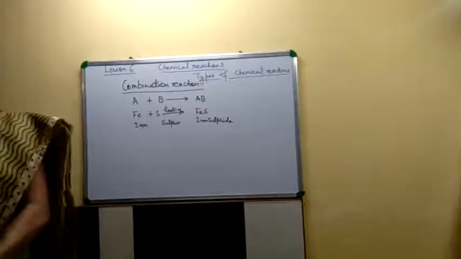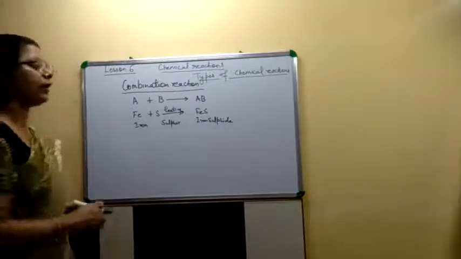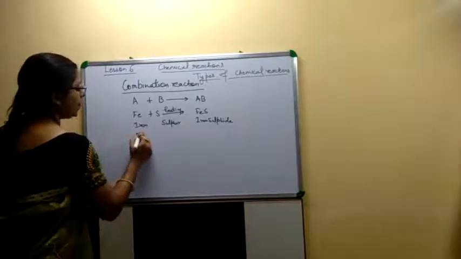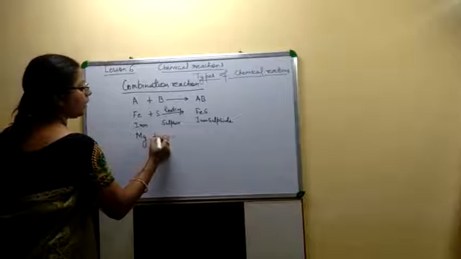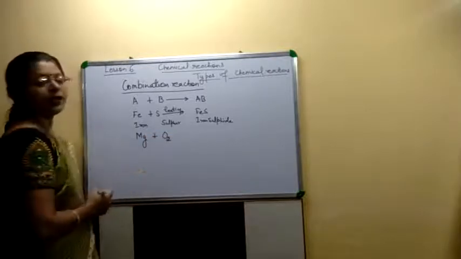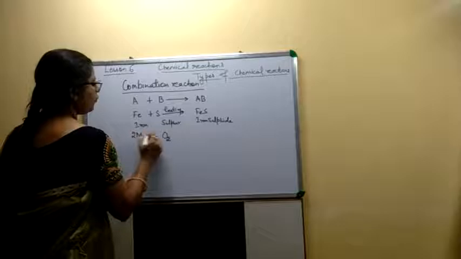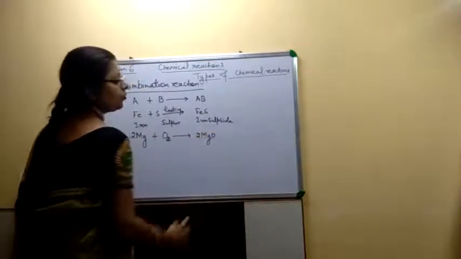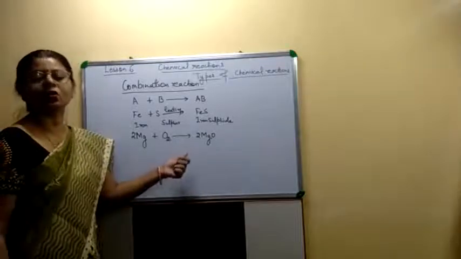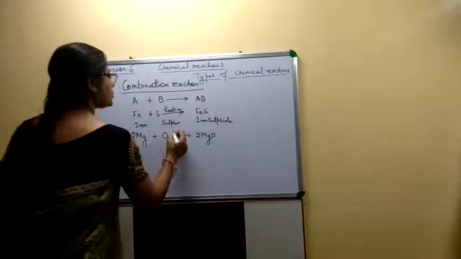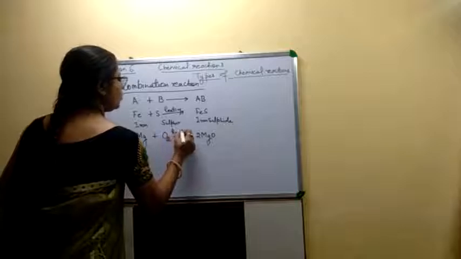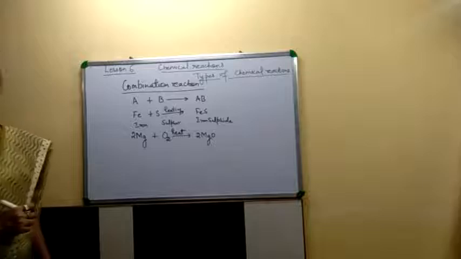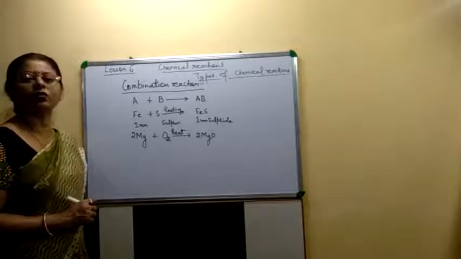Another example of combination reaction is the burning of magnesium wire. Magnesium wire, Mg, when it reacts with oxygen, it is called burning. It will form magnesium oxide, MgO, because it also takes place on heating. That's why we have to write heat above the arrow.